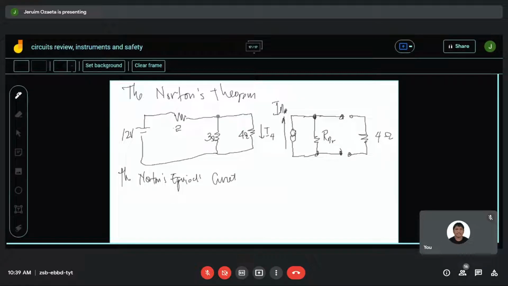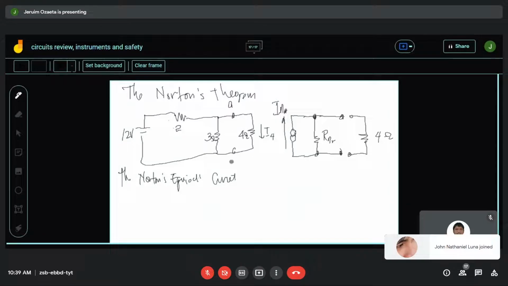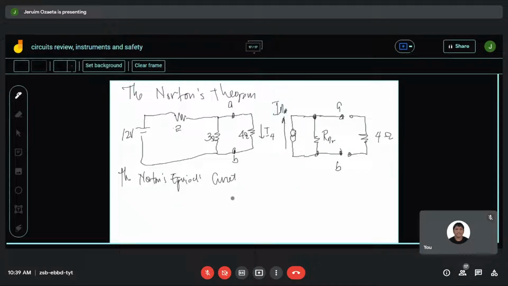So if this is 12 volts, we take note this is A, B. The Norton's equivalent current. We remove the resistor and then short circuit the terminal and get the current there.